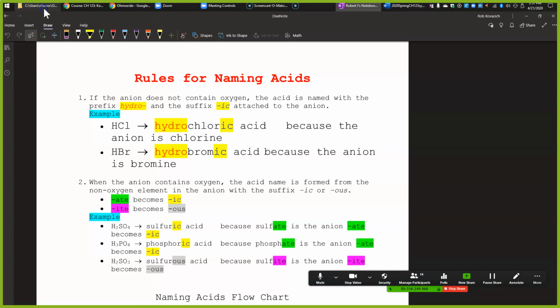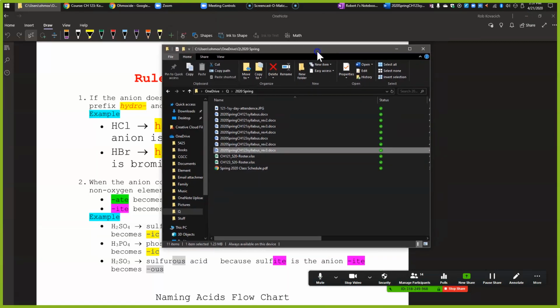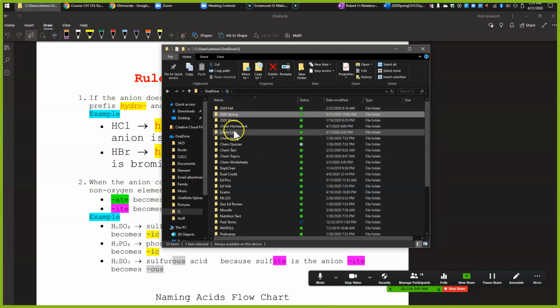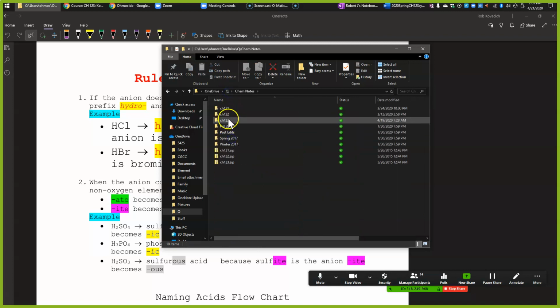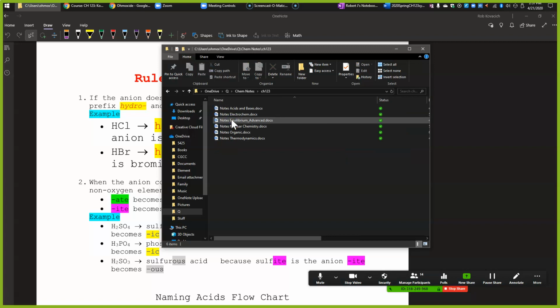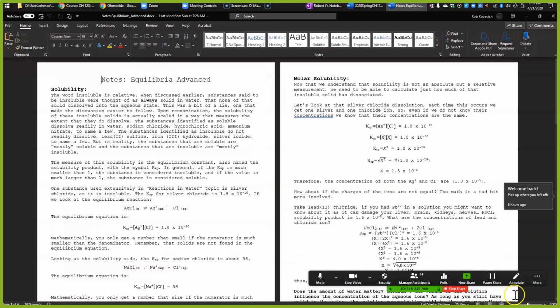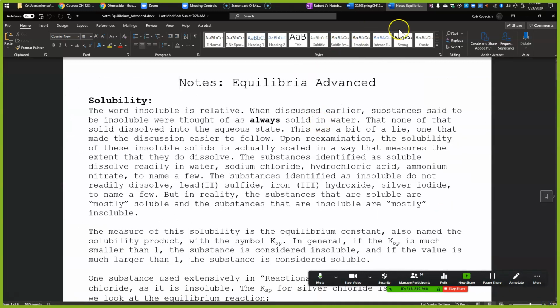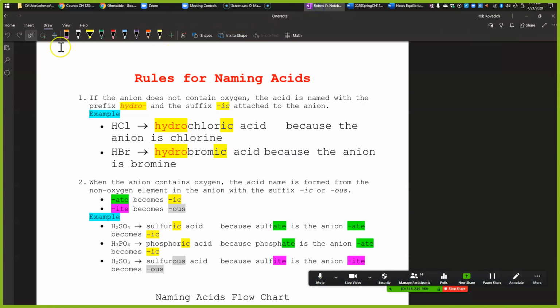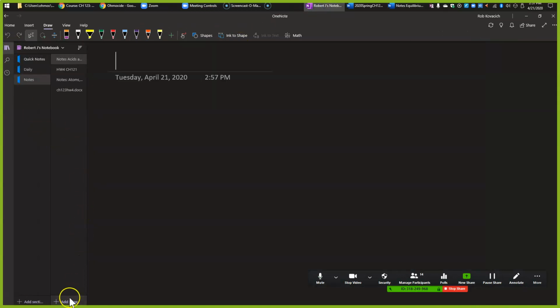The next set of notes is super short, actually. No, that's wrong. Oh wait, I don't want this. I need it in here. Otherwise it doesn't draw well. Control V.